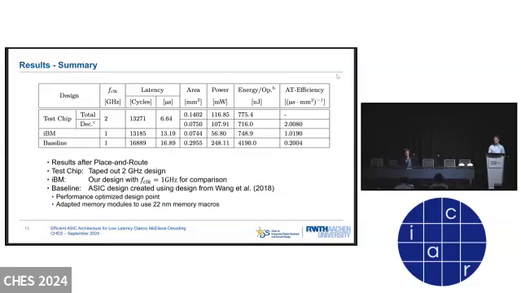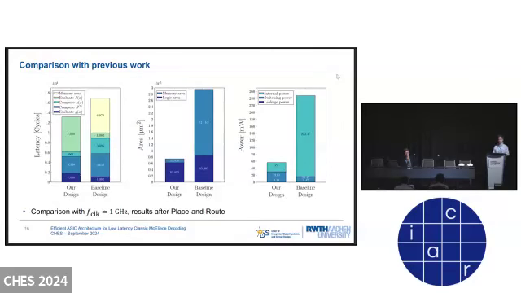And let's look at these results in greater detail. Shown here is a breakdown of the results. Shown on the left is a comparison of the latency of both decoding implementations. When we look at the baseline design, we can see that the additive FFT polynomial evaluation requires significantly fewer cycles than our implementation, shown in blue and green.